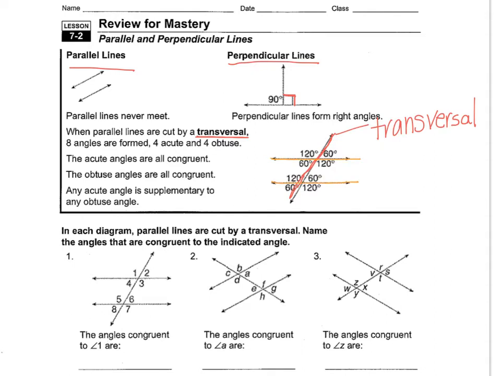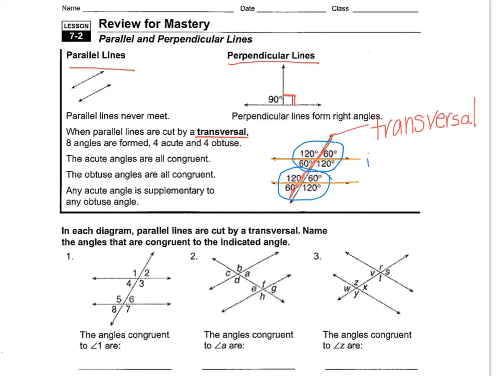Okay, so if these two lines are parallel, it forms some special relationships. Notice that this intersection up here is exactly like this one at the bottom. So the intersections are the same. So let's make a comment here about that.